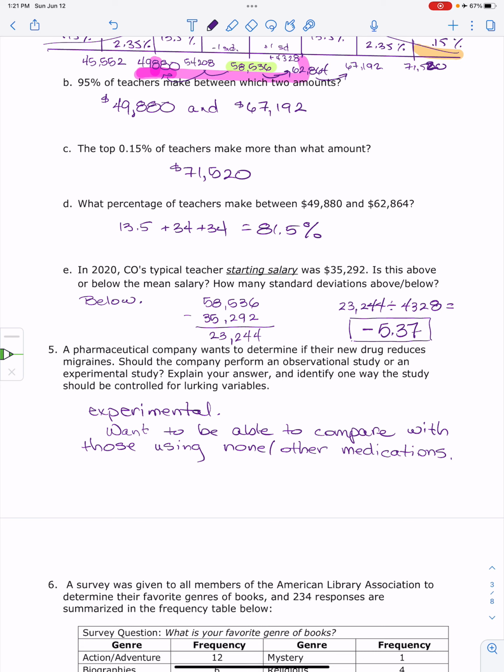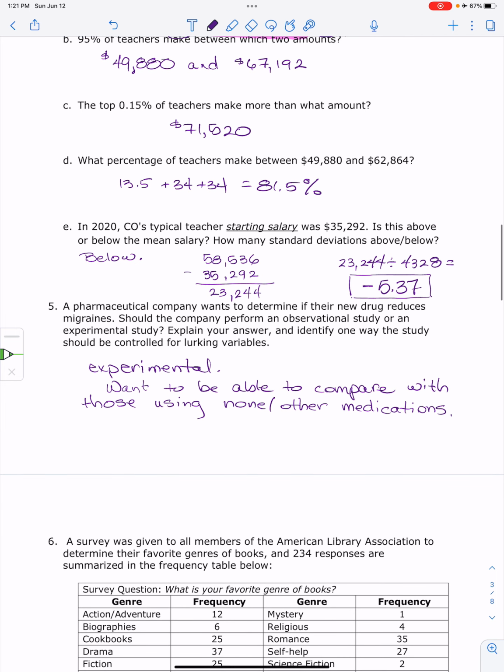We want ways that we can control for lurking variables. We can group or separate groups. So we want to split into 2 groups.